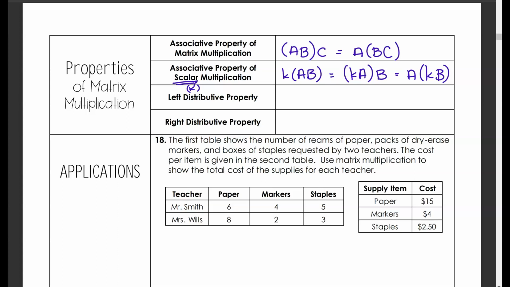The left distributive property. This means that if I take C on the left-hand side and I'm multiplying it by A plus B, it is the same as if I take C and multiply it by A, then take matrix C multiplied by matrix B and then add the two. Now the right distributive property for matrices.